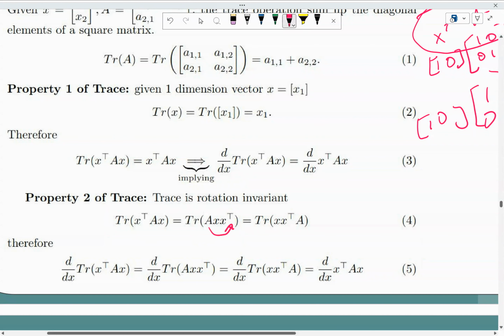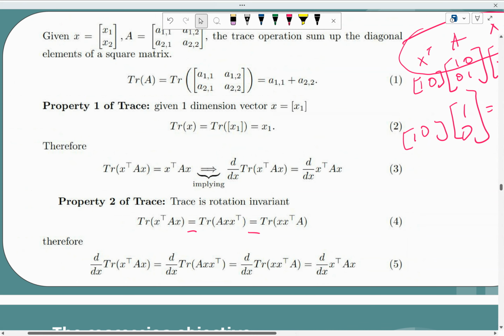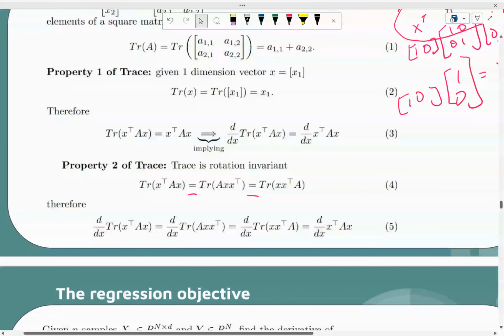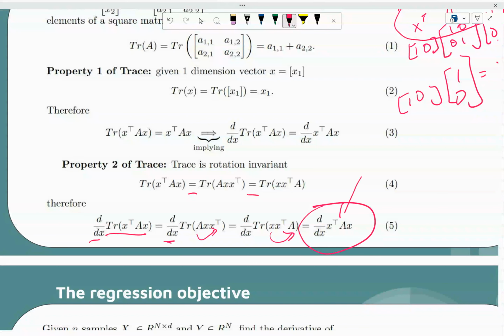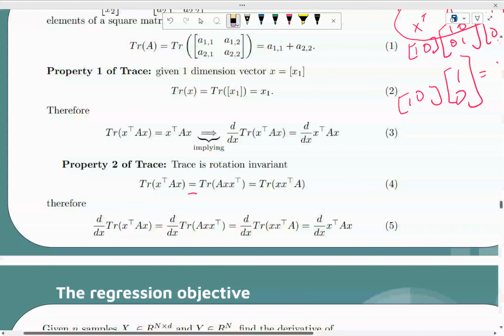You can put A here again, see? And they're actually equal. Therefore, since they're all equal, the derivative of the trace of this must equal the derivative after rotation and rotation again. So you can just keep rotating, and it's just equal to the derivative of the quadratic, what's inside the trace. Okay? So this is the trace property.